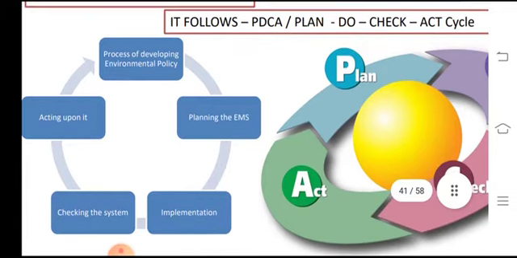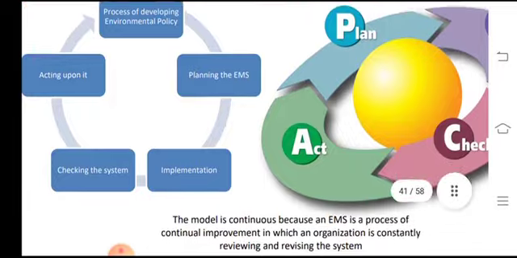graphical representation of the loop which we talked about earlier, which consists of planning, doing, and then checking, measuring and monitoring, and then acting, and then again having a revision in the form of CI.